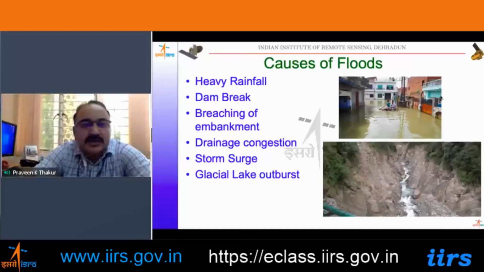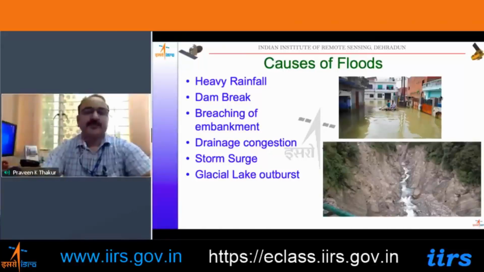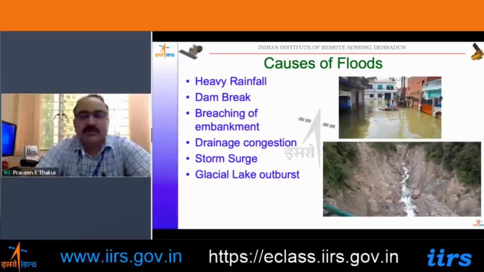In 2008, if you remember, there was severe flooding due to the breach of the Kosi barrage at the border of Nepal and India. And if your river system is encroached upon by unauthorized construction, or congestion due to heavy sediment load reduces the carrying capacity of the river, then the excess water is going to spill over its channel and cause flooding.